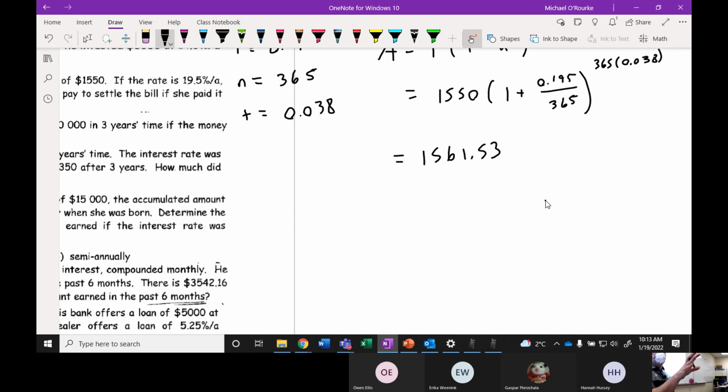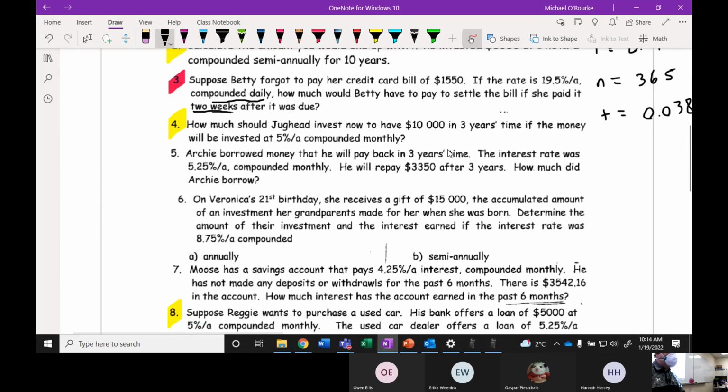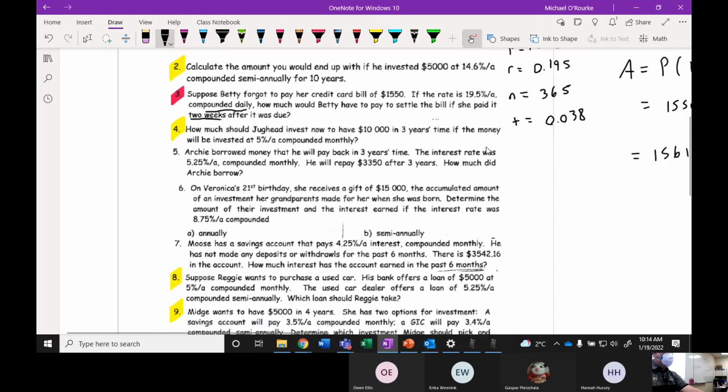Everyone's done that one. So if you look at it in logic, if you miss your payment by 2 weeks, you now owe $11 more on your credit card. It's not good either. That's pretty quick. Oh, in 2 weeks. 2 weeks only.